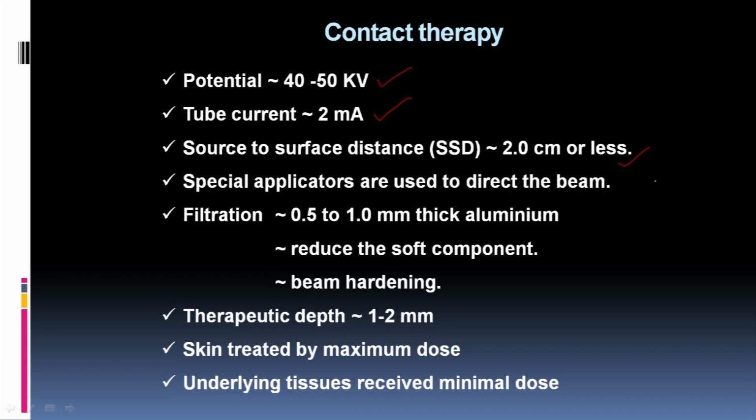There are some special applicators used to direct the beam. These applicators touch the patient's skin surface, and here we use filtration. Filtration means there are some filters used in front of the X-radiations. What is the purpose of these filters? These filters reduce the soft component, they absorb the low energy X-rays.